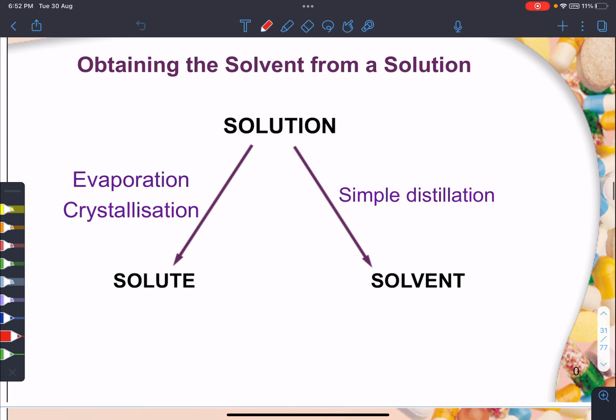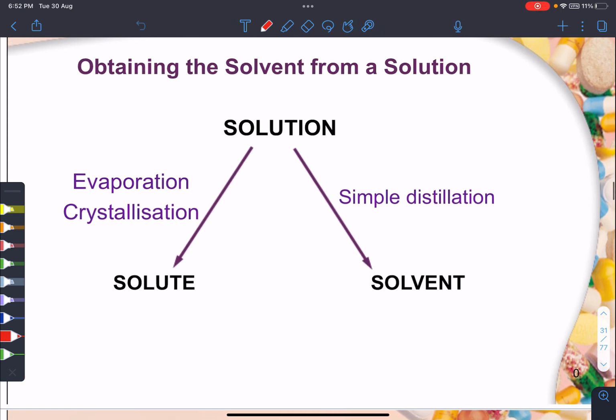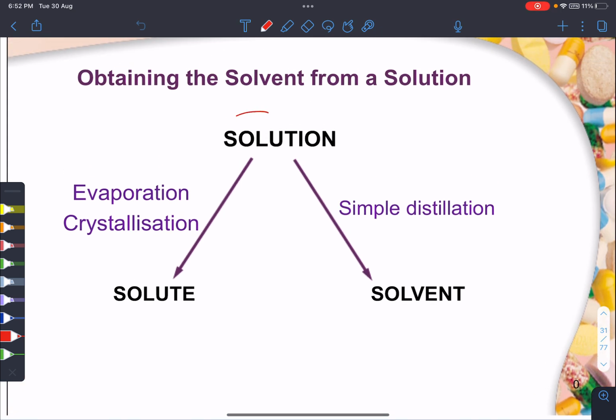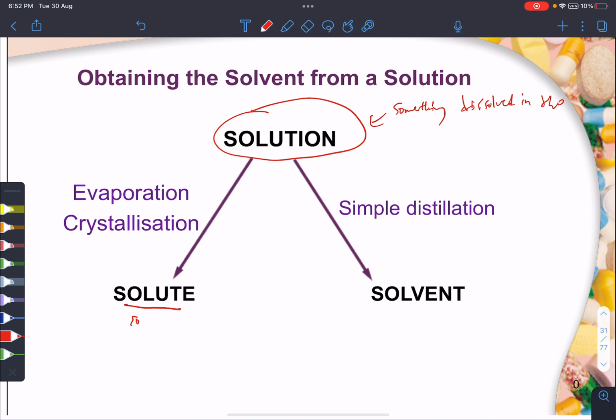Yep, just now we talked about crystallization and everything. So let's say a solution is basically something dissolved in water. Solute means the something, basically.